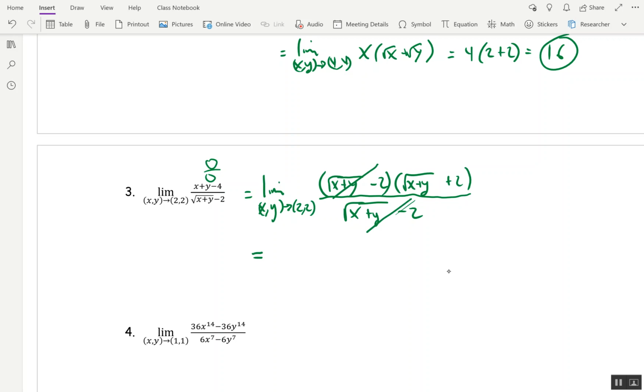Rather than write down the limit sign and what's left, I'm just going to take the limit if you'll allow me to do that. No, because I want to set a good example. Limit x, y. If I start making shortcuts, then you're going to start making shortcuts, and it's just better to teach you how to do it right to begin with. Okay, plus 2. Okay, so now we can take the limit.